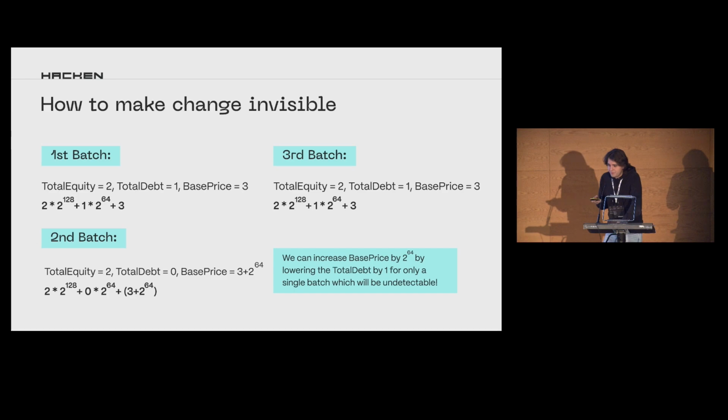For example, in this example, someone is lowering the total debt, and it allows increasing the base price to 2 to the power 64 in only one batch, and it's not possible for anyone to detect it. In this way, you can fake the proof. When you get such a high base price, one token is now worth millions of dollars, so you can create artificial tokens to completely fake the proof.